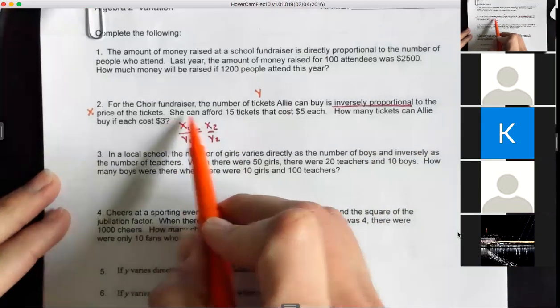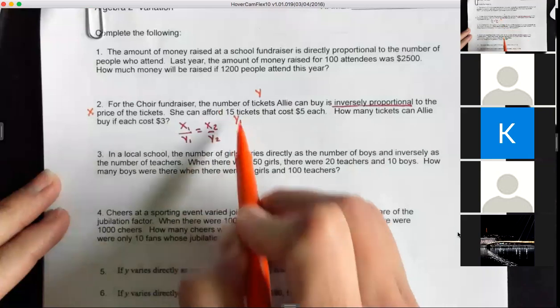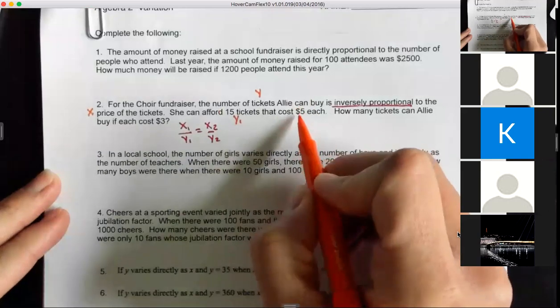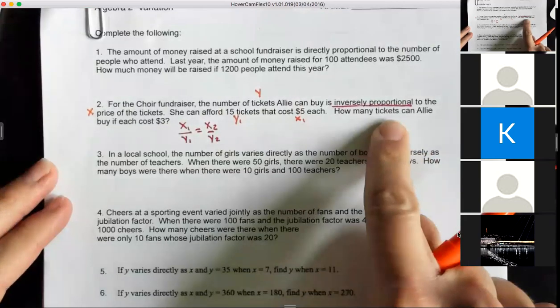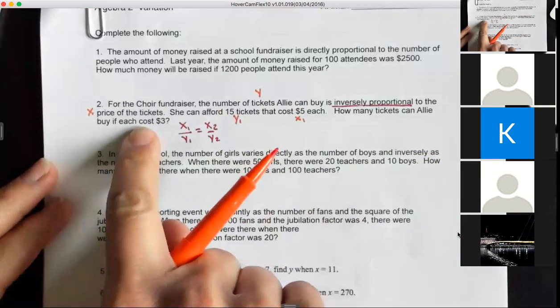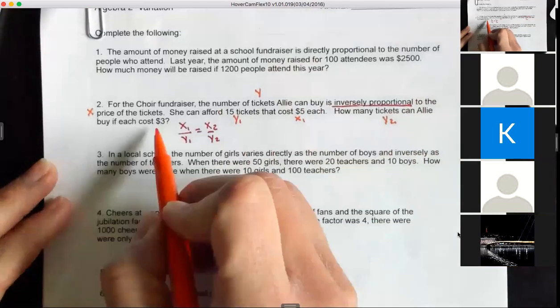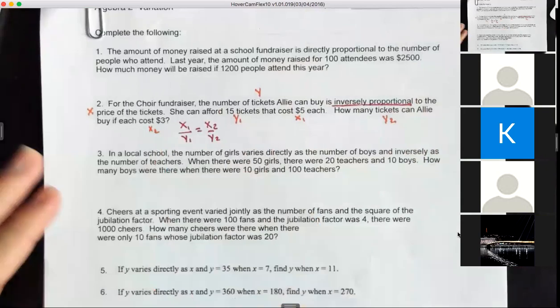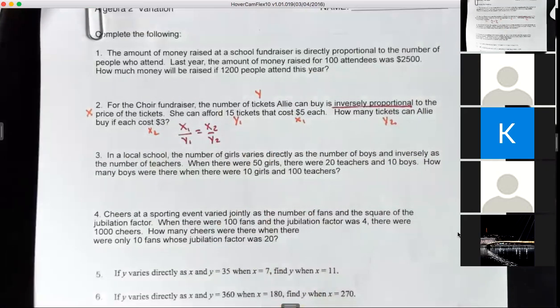Here it says she can afford 15 tickets. The number of tickets is our Y1 at a cost of $5 each. That's our X1. How many tickets can she buy if it's $3? The number of tickets is Y2, and the price is X2. And then just plug that in.